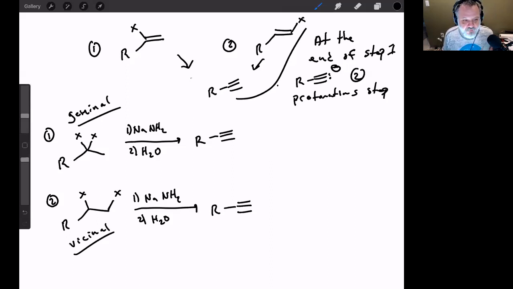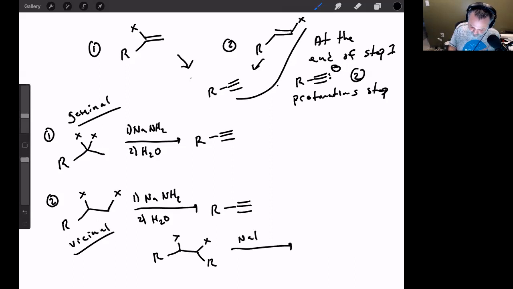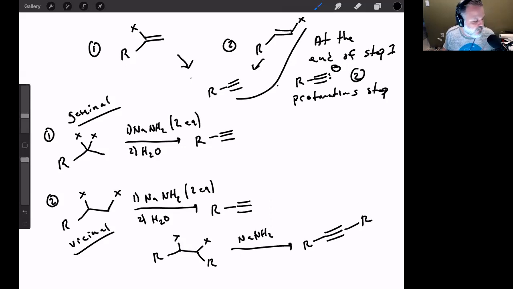Now, if I had something like this, where I have a dihalide that has 2 R groups, then in this case, all I need is the sodium amide because it will do the elimination without forming an ion. And let me make sure that I put 2 equivalents here, 2 equivalents there.